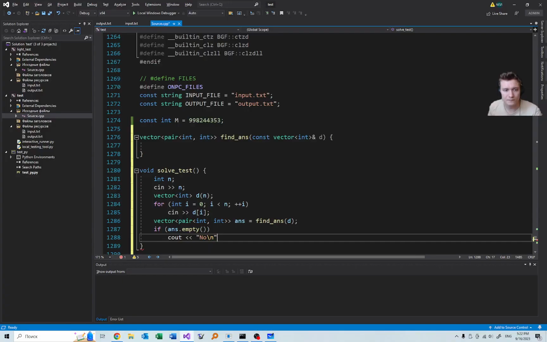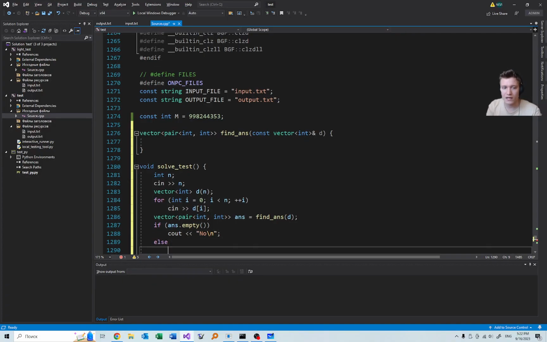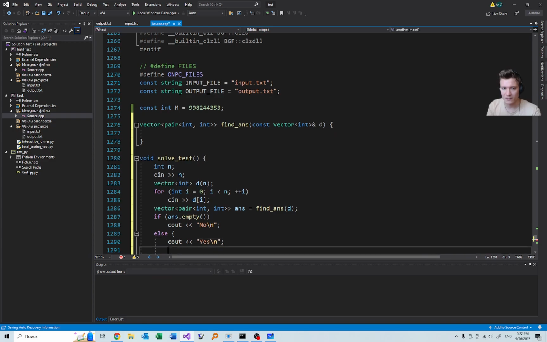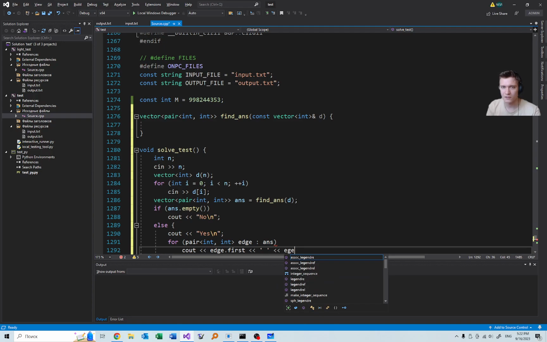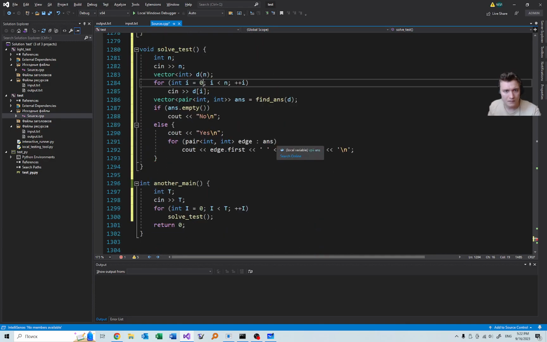Yes. Otherwise, we print yes. And we print all the pairs, edge dot first and edge dot second.